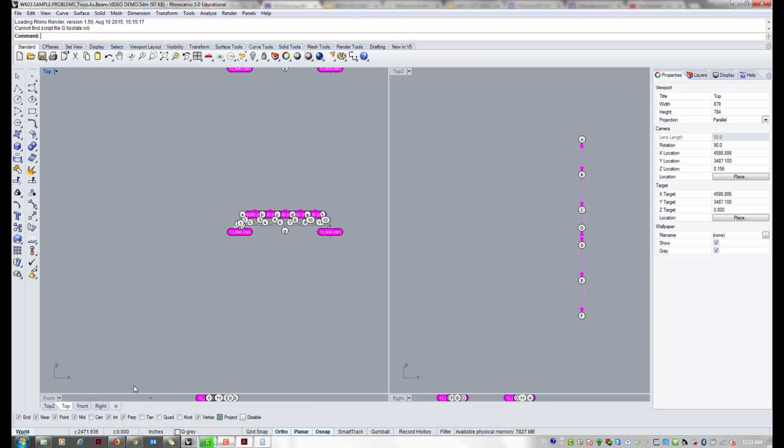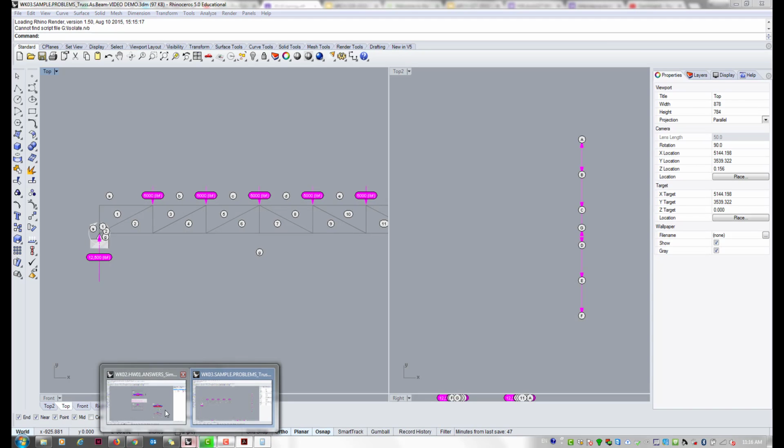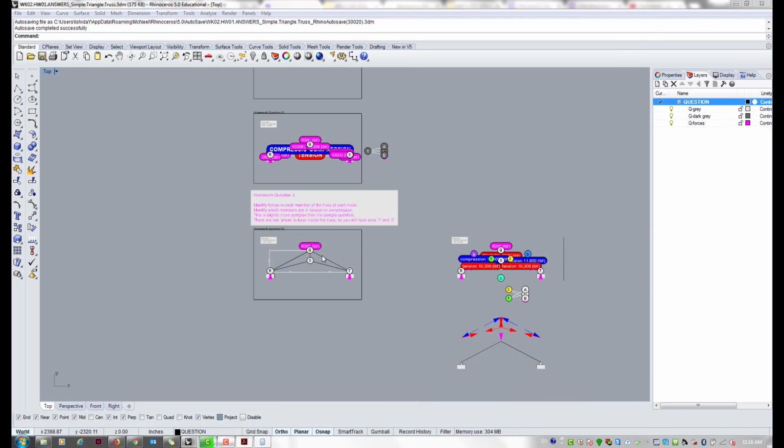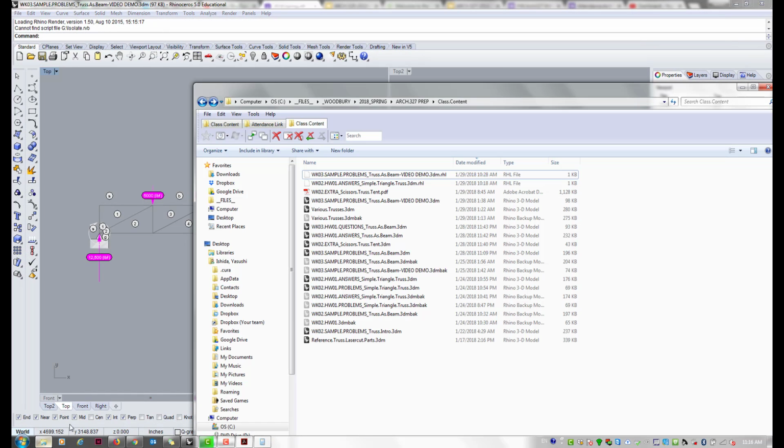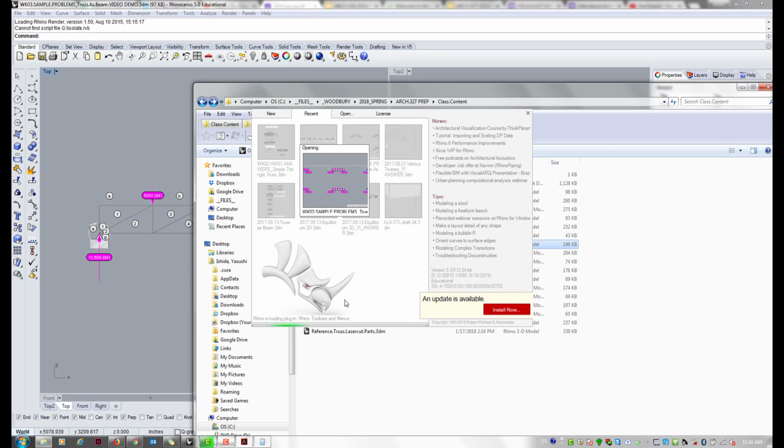If you can open that file, it's going to look slightly different, but you're going to see two trusses like this. Let me actually open that too. It should be week 3 sample problems truss as beam. That's the file that you're going to get.